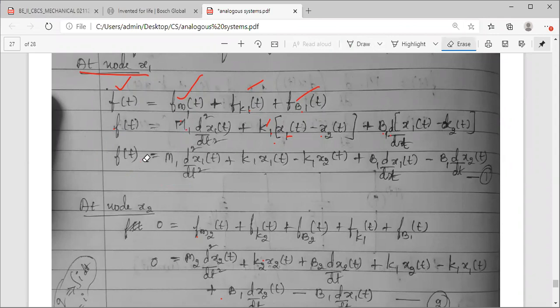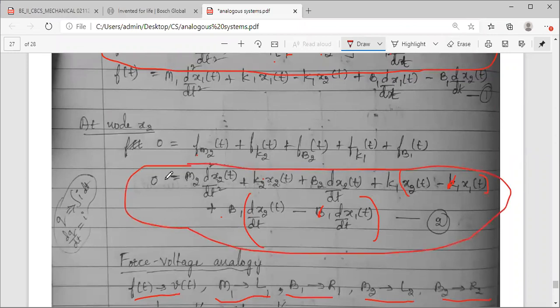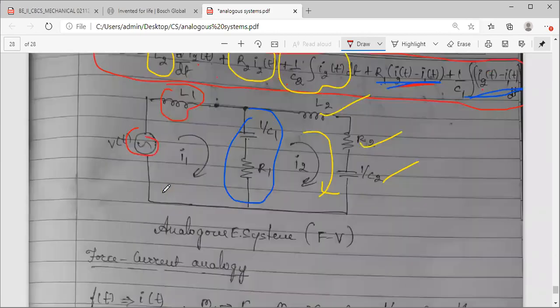Let me take the easier one, this one. It will make your work easier. Okay, don't expand. For x2 I have expanded, don't expand it. This is your second equation. So for these two equations we have to write the equivalent equation for force current.